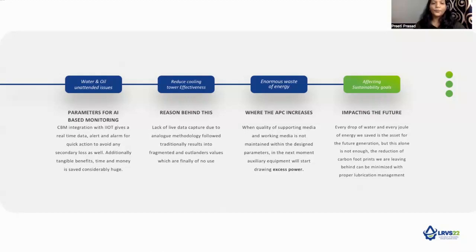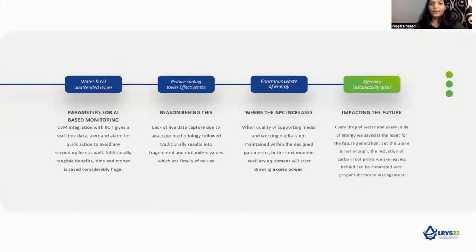And if you leave those alarms unattended and ignore them, it will impact your cooling tower effectiveness. What is the objective of a cooling tower? To lower the temperature of the water which is entering.